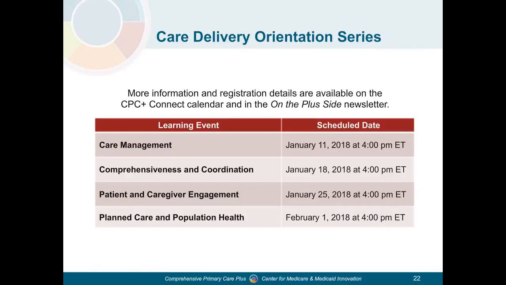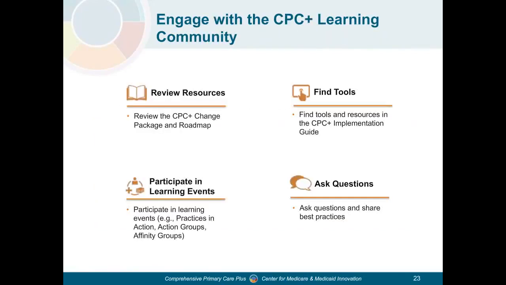Following that, we will have a webinar addressing comprehensiveness and coordination, followed by patient and caregiver engagement on January 25th, and wrapping the whole thing up with a discussion around planned care and population health on February the 1st. All webinars are scheduled for 4 p.m. Eastern Time. We tried to schedule in such a fashion that it meets the needs of practices across the whole country, and if you have feedback for that, please let us know.